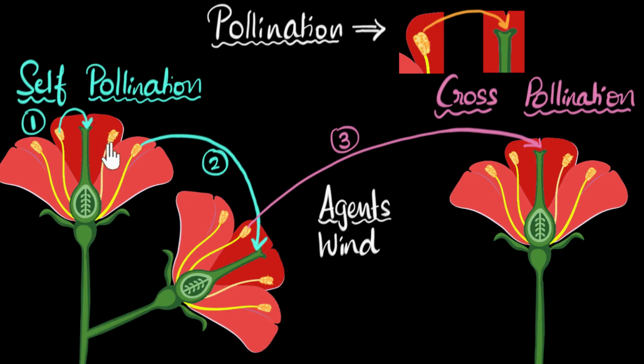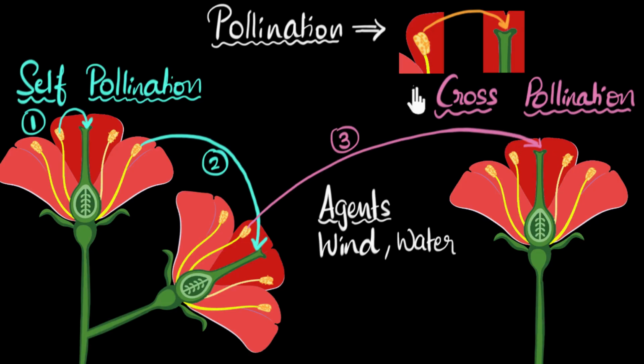And pollination happens. So with wind, self-pollination can easily happen because they're very close to each other, right? The stamen, the pollen grains and the stigma are very close to each other. So with wind or water, just like how wind helps in transferring pollen grains for land plants, water will help in transferring the pollen grains in aquatic plants.